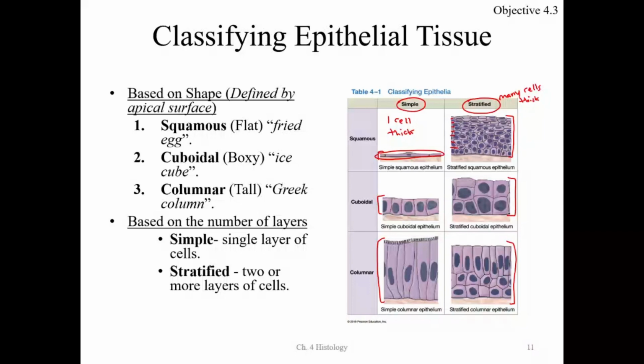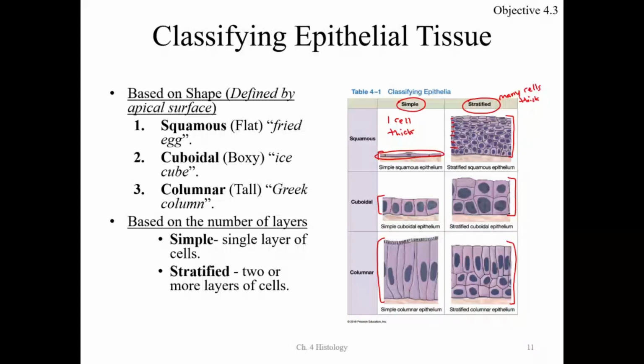We get simple squamous, simple cuboidal, simple columnar. Those are cells with one layer that are either flat, boxy, or tall. Then we have stratified squamous, stratified cuboidal, and stratified columnar. Those are cells that are 2 or more cells thick, that are flat, boxy, or tall, in order.